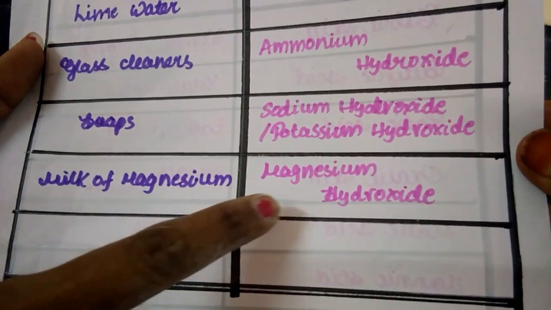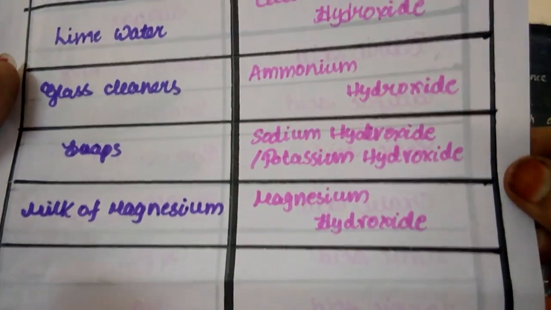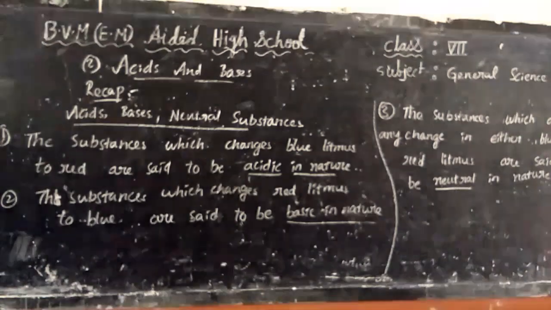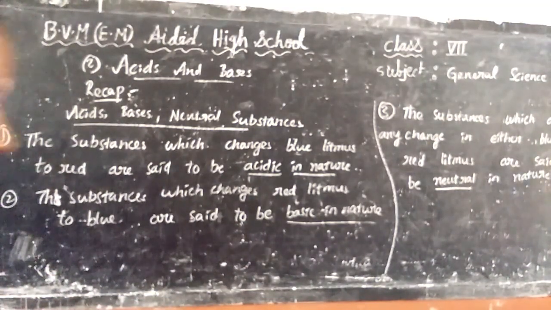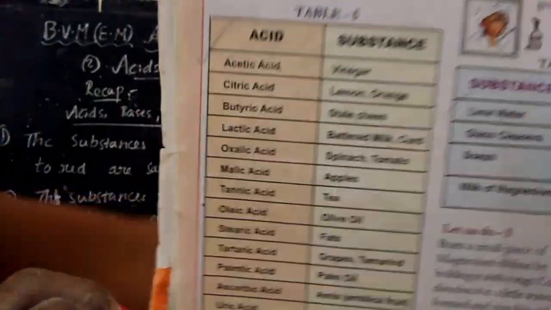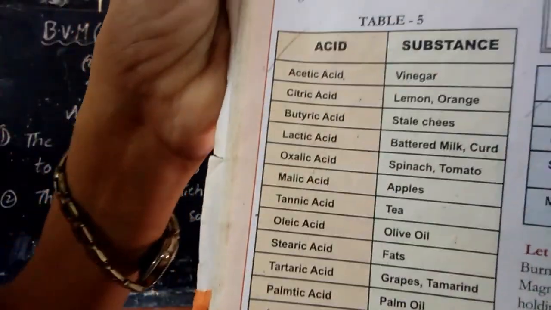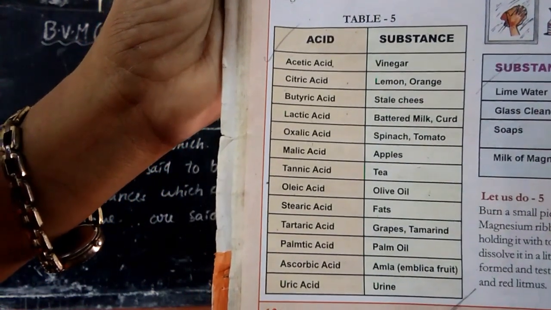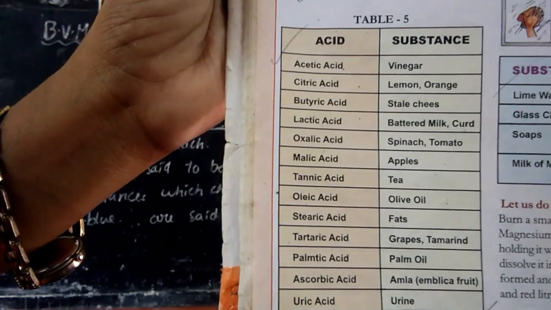Milk of magnesia contains magnesium hydroxide. All of these have a basic nature. Look at it in the textbook, page number 12. You have to see carefully and note down the points.